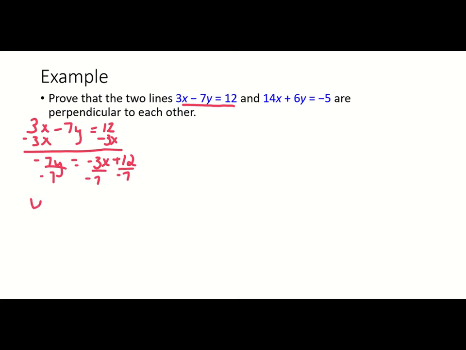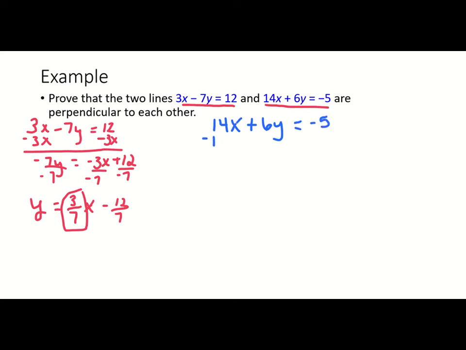So now I have y is equal to, two negatives make a positive, so 3/7 x minus 12/7. Now again, I really only need my slope. I don't really care about the y-intercept right now. All right, for our second one, it is 14x plus 6y is equal to negative 5.